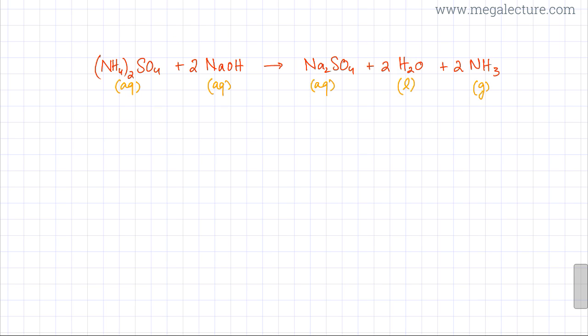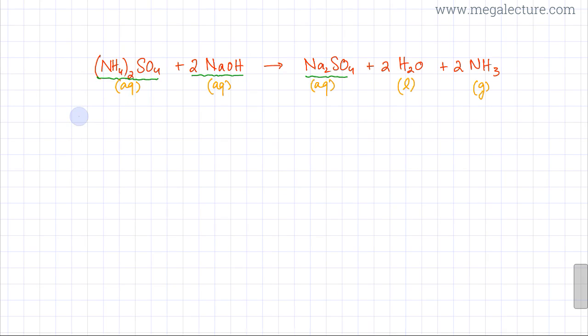Any acid, base, or salt, if it's in aqueous state, is going to dissociate into its ions. So the next step now is to write these ions in dissociated form, the ones that I'm underlining: this ammonium sulfate over here, this NaOH, and Na2SO4. All of these should be written in dissociated form.